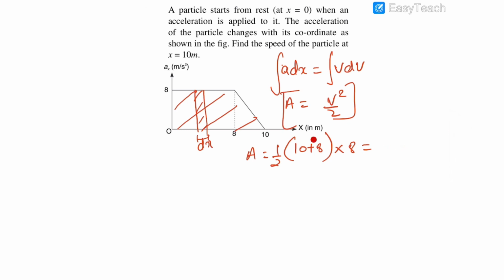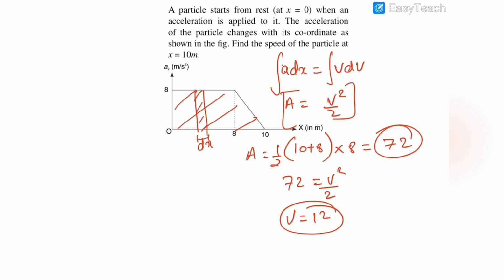It is 18 into 4. This is 18 and this is 4. So this would be equal to 72. Okay, so this is the total area, and 72 is equal to v square by 2. So v will be equal to 12. So the correct answer is 12.